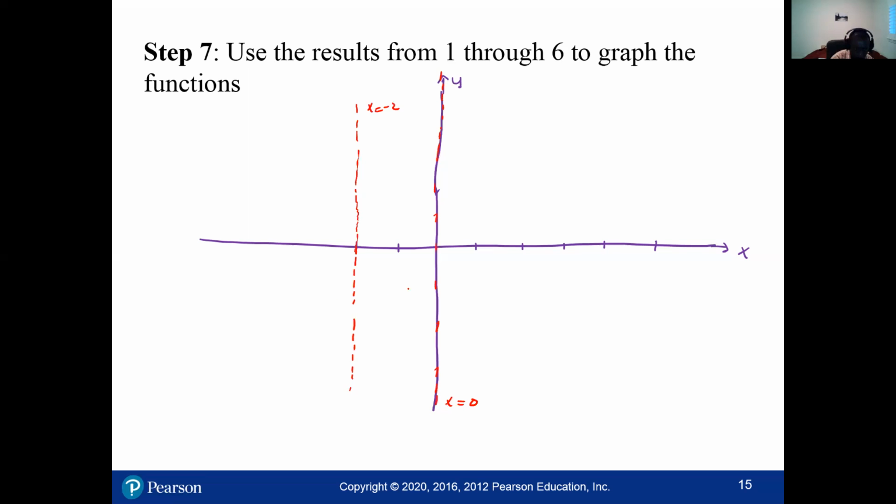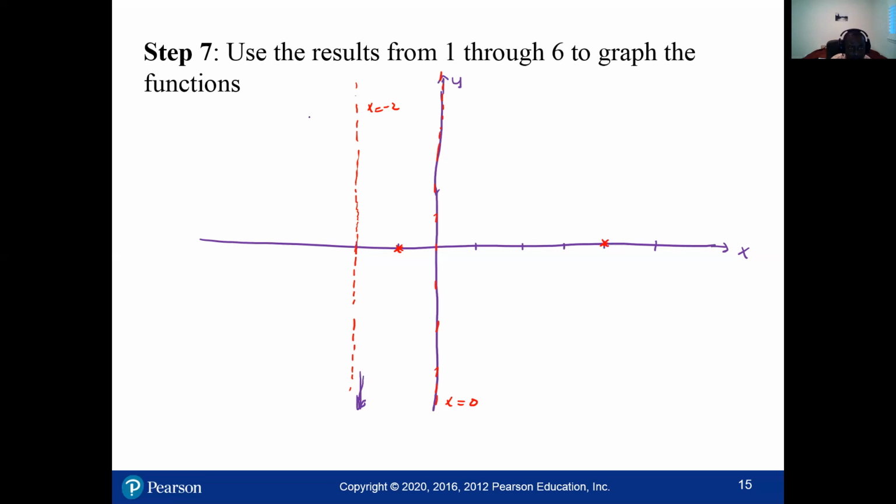All right. Now, what are the intercepts? The x-intercepts are -1 and 4. Okay, it has no y-intercept. Now let me change the color. Now we know that as x approaches -2 from the right, this goes to -infinity, like that.